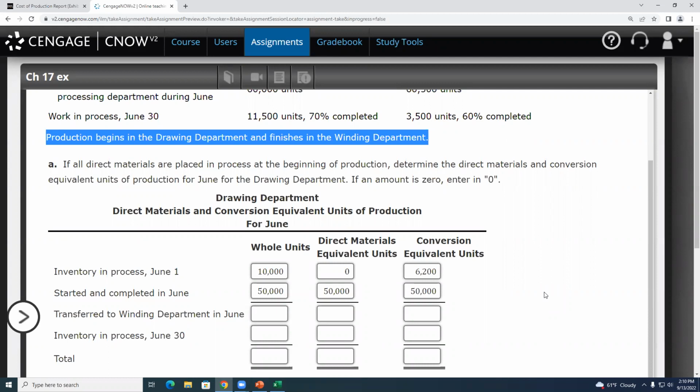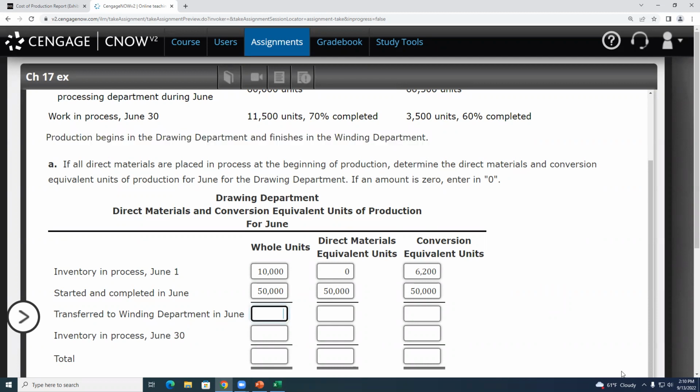Most companies that use process costing have multiple steps in their process, and they're going to have multiple work in process accounts. The first step in the process, in this case, is the drawing department. So if you want to think of it like clean costs, these are costs that were all added directly to the drawing department. But when we finish these units, they aren't done. They're just done in the drawing department, and they get transferred into the winding department.